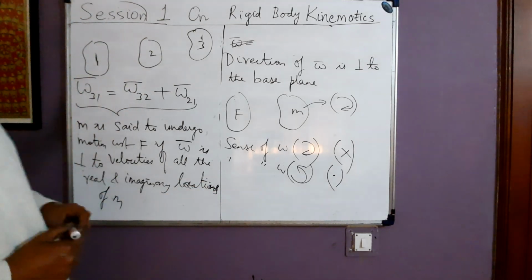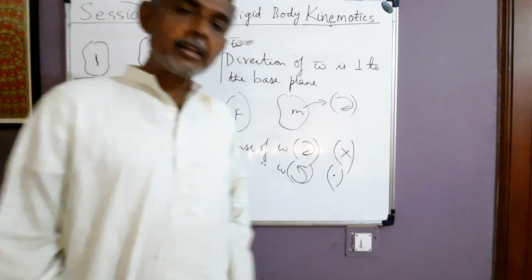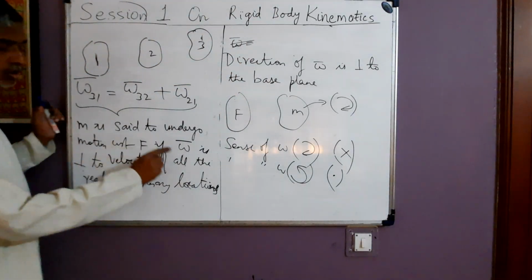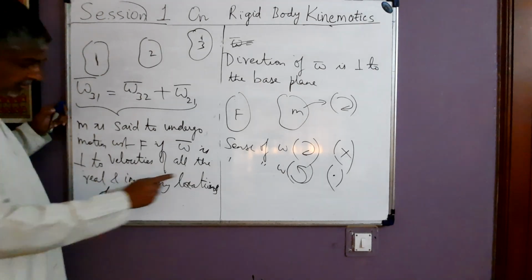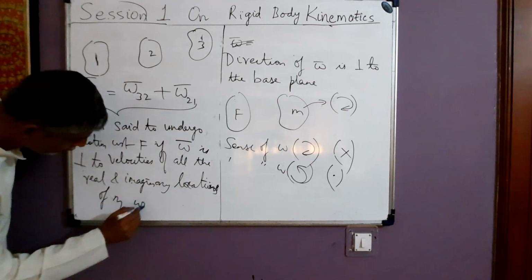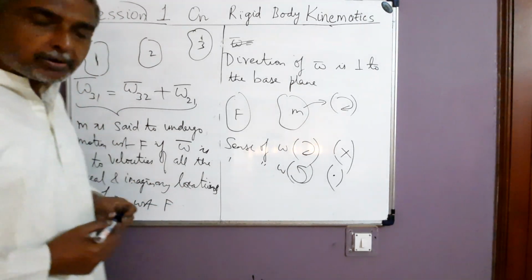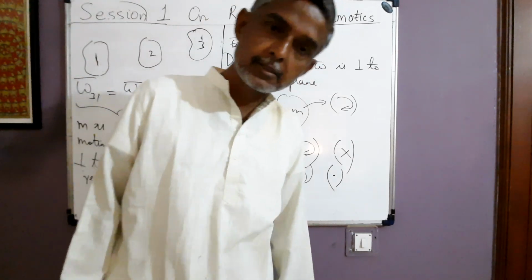So if m undergoes plane motion with respect to f, then at any instant of time, angular velocity of m with respect to f is perpendicular to velocities of all the real and imaginary locations of m with respect to f. This is the precise definition of plane motion in a mathematical sense.